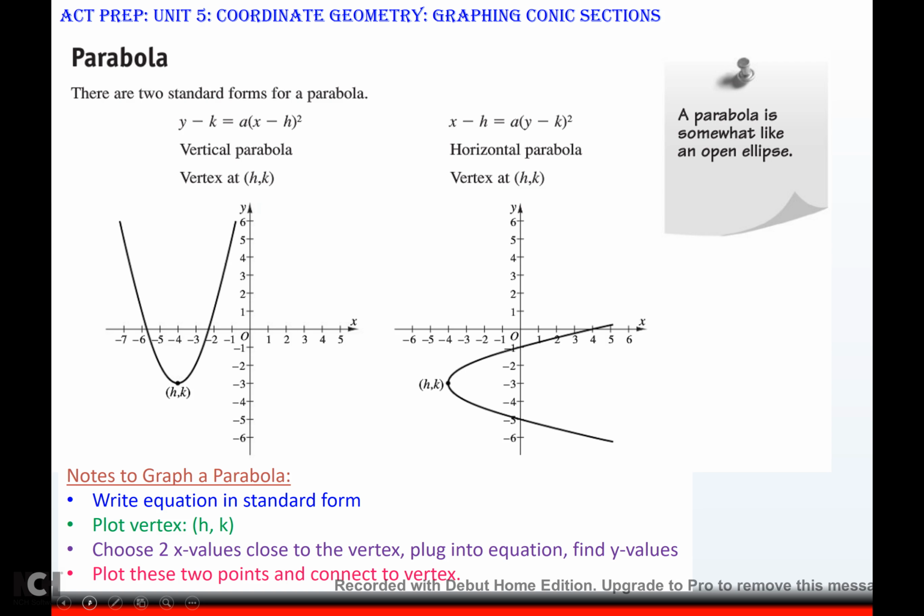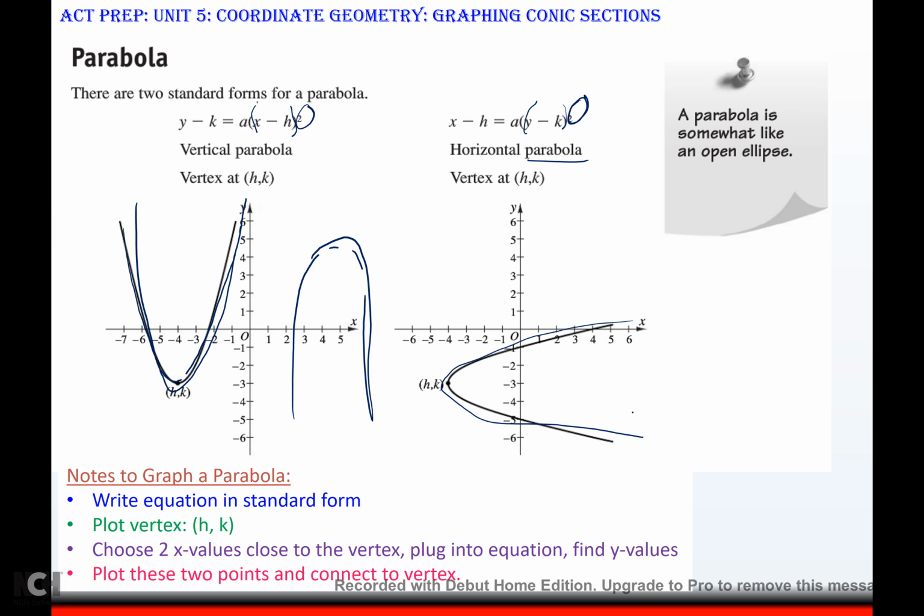If the x is the variable that's getting squared, then I promise your parabola will be vertical. It'll either open up or open down. If the y quantity is the one being squared, you'll still have a parabola, but it'll be horizontal and face sideways. Either way, your vertex is at h comma k.